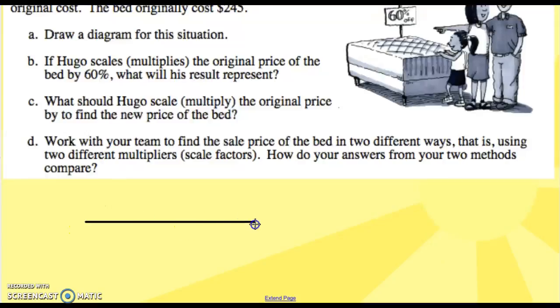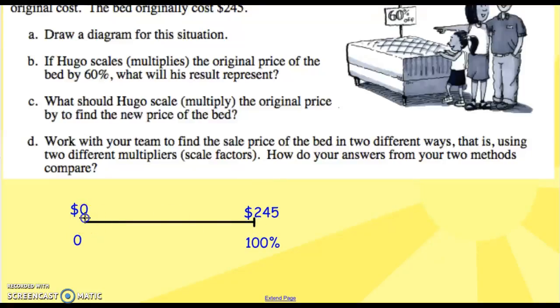My diagram's going to go from 0 to 100%, and 100% will be the total cost, and then it will go from $0 to $245. If I go too fast at any point for you here, feel free to pause the video.